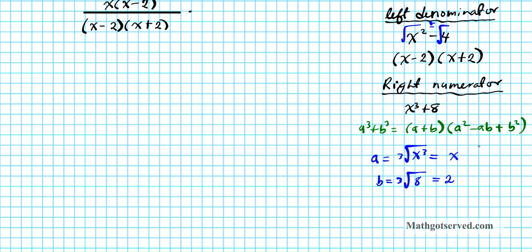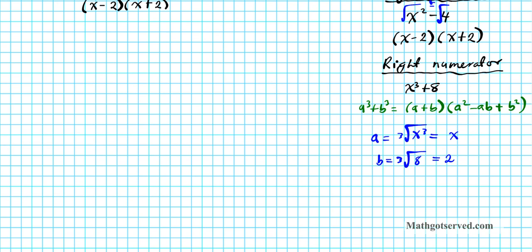Now we're going to plug this information into the formula. Let's rewrite the formula again. It's going to guide the construction of our solution. a to the third plus b to the third equals a plus b times a squared minus ab plus b squared.